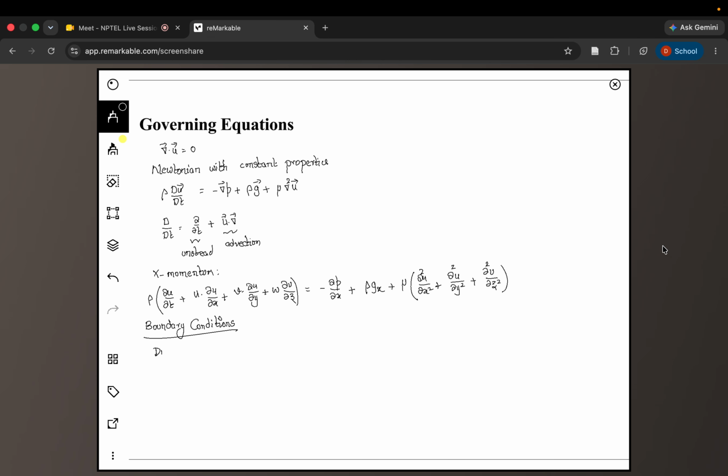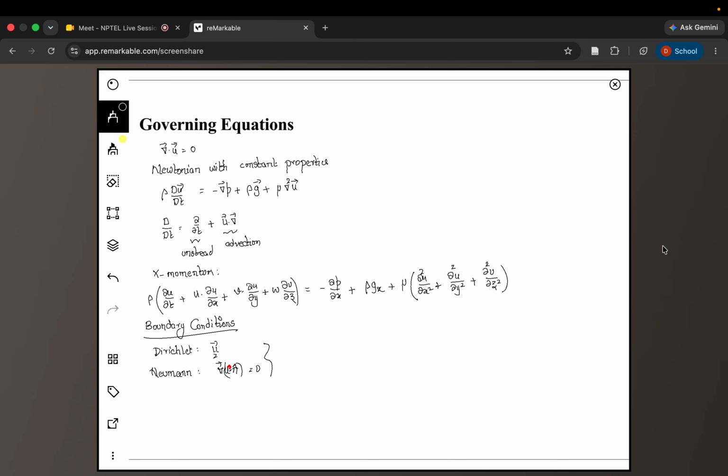We have the Dirichlet condition, which essentially means I have to specify my velocity on the boundaries, or I would have the Neumann condition, which essentially means that on that particular boundary, we will be giving the gradient of velocity equal to 0. Or some kind of mixed condition; depending on the problem, this will change.